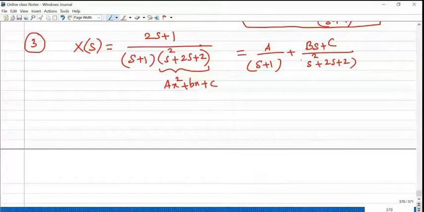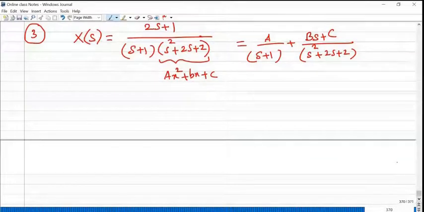Please remember this. This is the third method. I think only three methods are available in the partial fraction method: simple pole, one pole with multiple order, and as² + bs + c in the denominator.